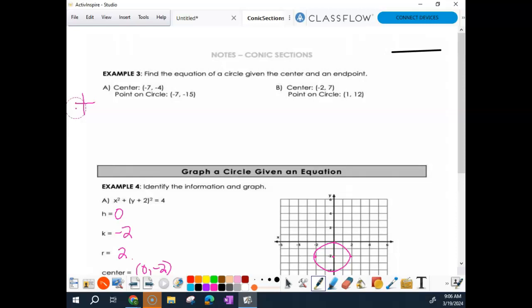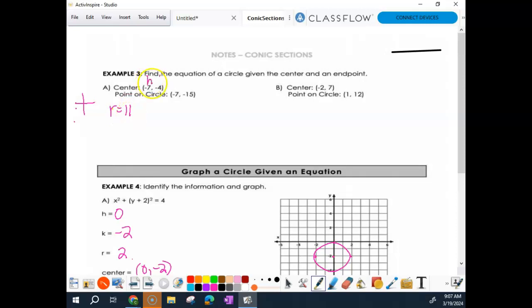So it's down here somewhere. If I want the radius of that circle, if this is the center and this is the point on the circle, what's this distance right here? I went from -4 to -15. So how many did I go? 11. That's going to make my radius 11.